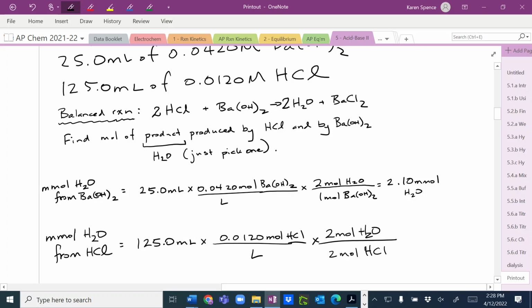Did I get that right? Yes, I did. Okay, that's good. Equals 125 times 0.012 equals 1.50 millimoles H2O. Who is the limiting reactant? HCl is our limiting reactant.